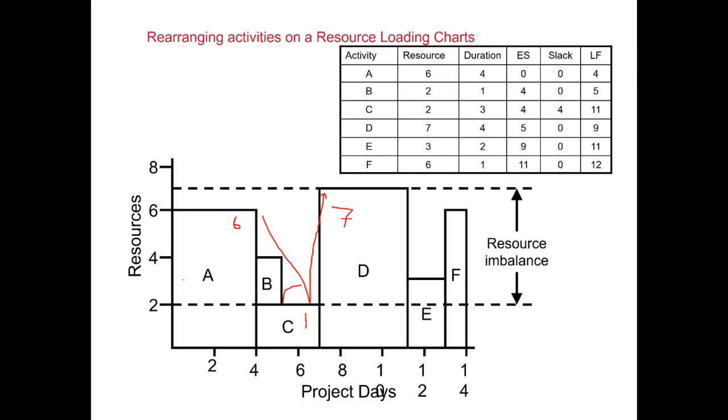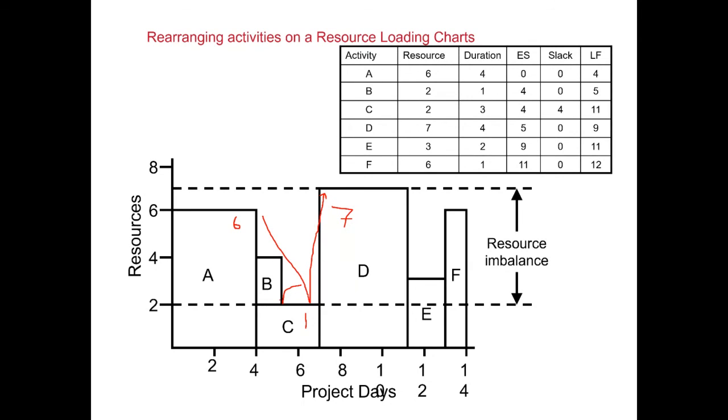Right, so you may have to discuss with the subcontractor of activity C and explain the situation to them. Sometimes it is possible to split an activity, maybe do it in different phases. It may be possible to see it in 2 parts.